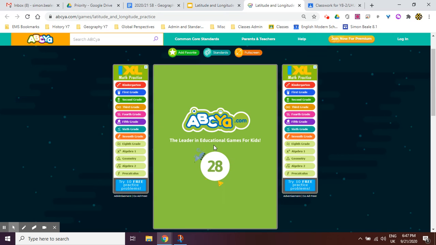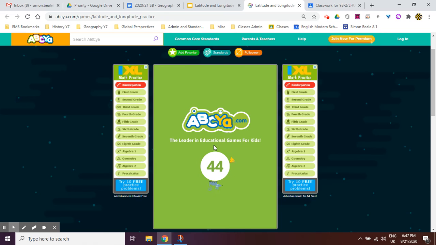It's a game that requires you to find coordinates in order to find treasure.